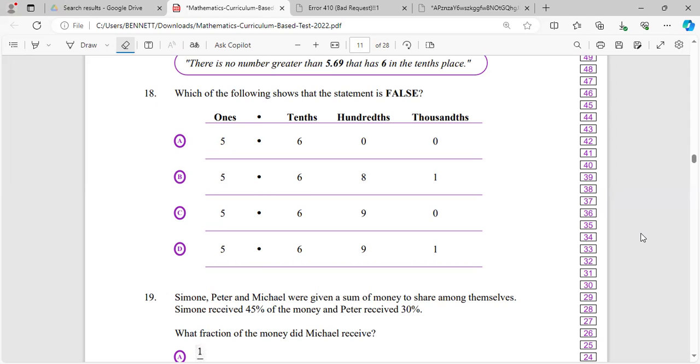Which of the following shows that the statement is false? C, sir. Look on the board. Which one, guys, shows that the statement is false? C. All right, let's see. Everybody agree that it's C?